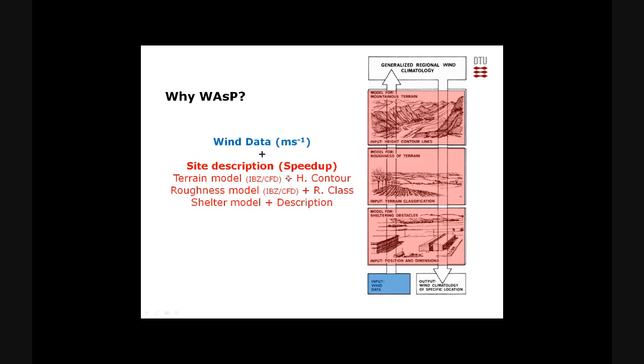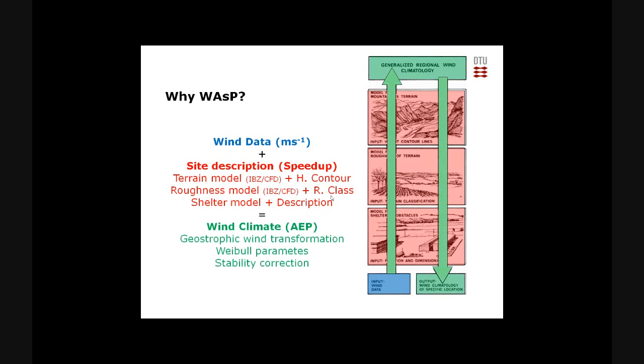And you need a methodology to combine your wind data, your measurements, with your flow models in order to get your wind resources. And this is what WAsP does. So you cannot have a CFD model by itself and calculate wind resources. You need WAsP to do that. So why do we need WAsP? That's to do AEP calculations, to do wind resources.